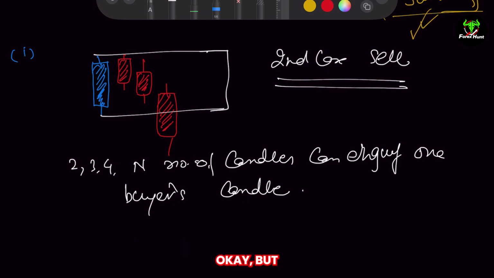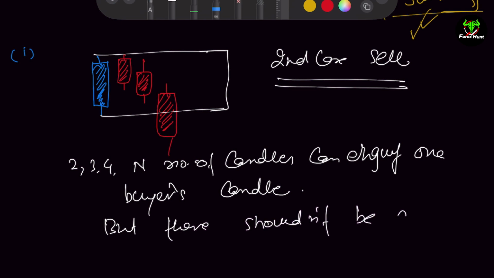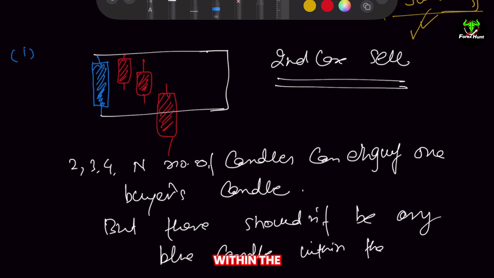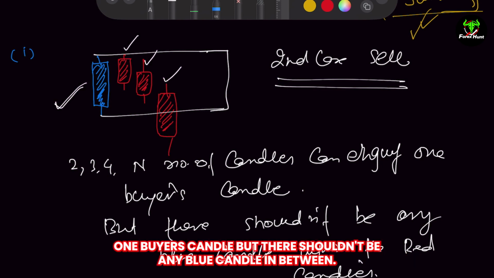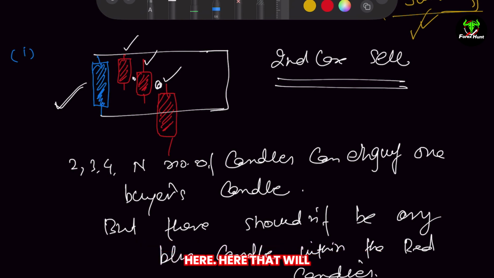But there shouldn't be any blue candle, any buyer's candle, within the red candles. This is okay: one, two, three red candles are engulfing one buyer's candle, but there shouldn't be any blue candle in between here. That will destroy your engulfing sell markings.